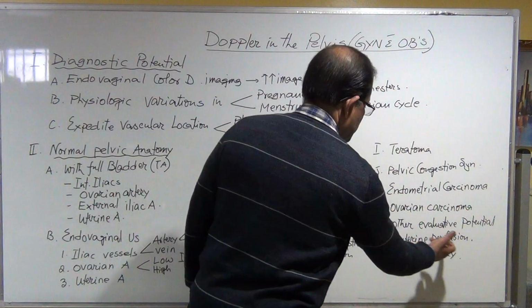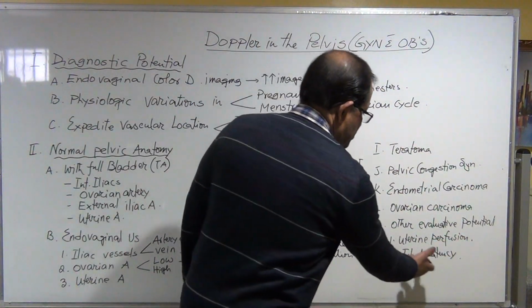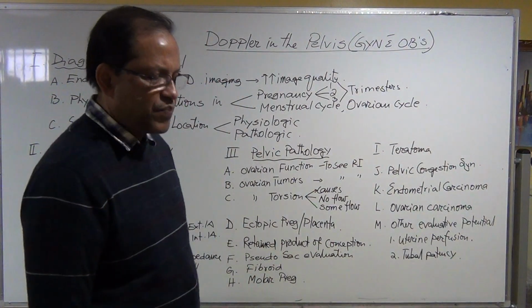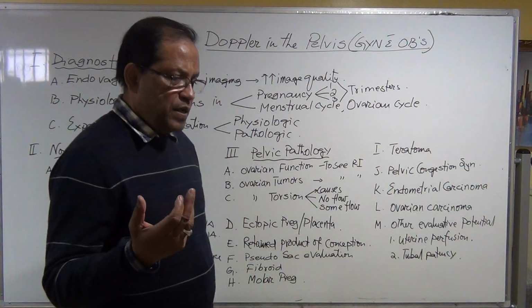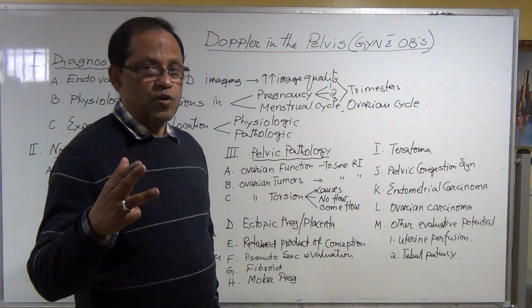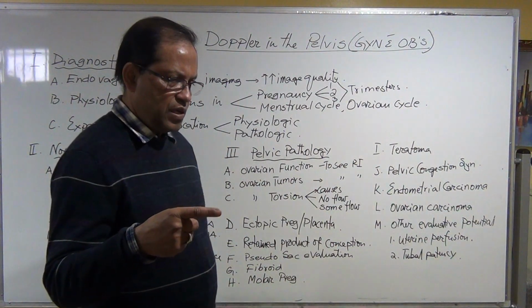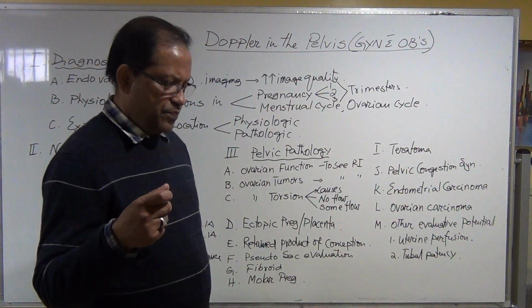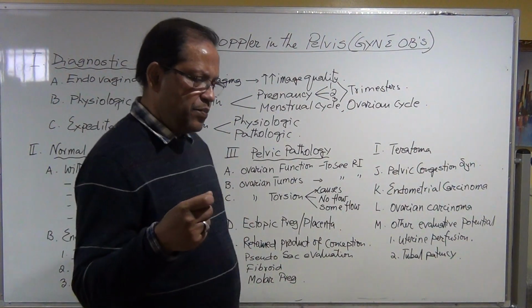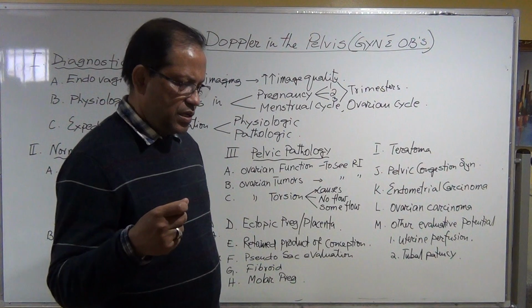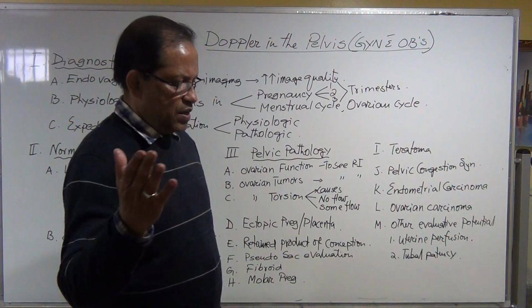We need to see the uterine perfusion and tubal patency. Tubal patency, you know, they normally use dye through a tube, and they do some hysterosalpingogram of the fallopian tube.